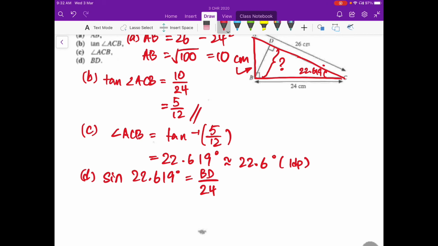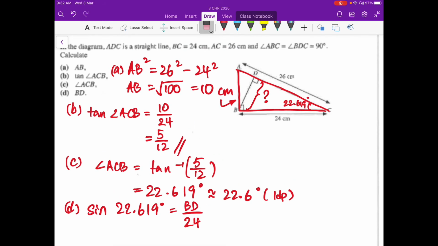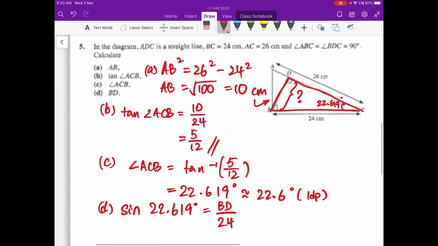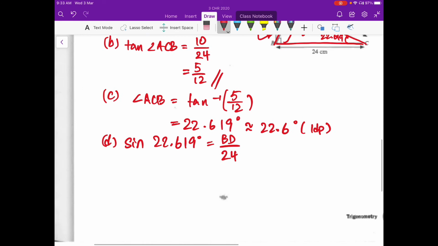No. Okay, so she is now using this triangle. She is using the other right angle triangle. Sine of 22.619 is the opposite, BD, divided by the hypotenuse. So now 24 cm becomes the hypotenuse. So she decided that base, we put it over 1, and what do we do next? Cross multiply.